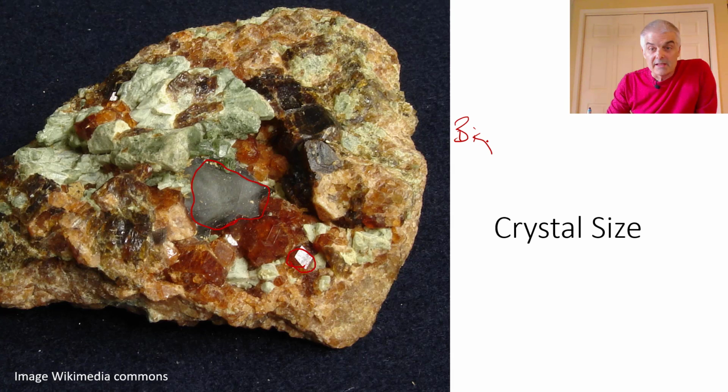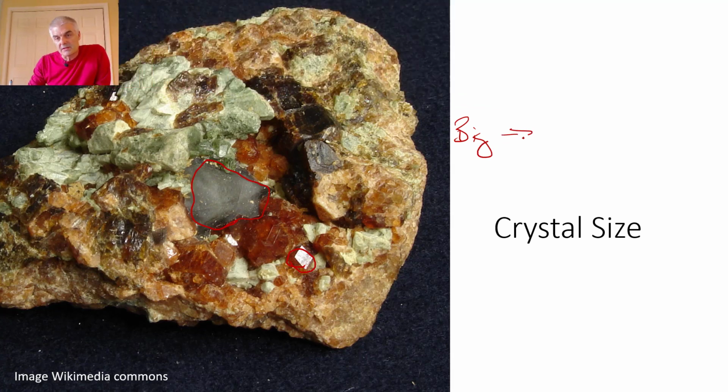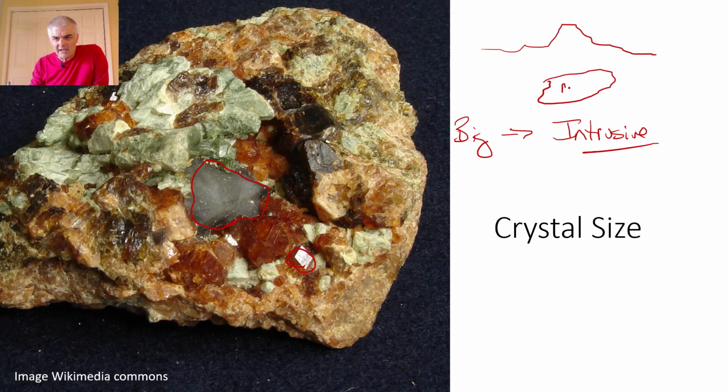Now, here's the deal. If you have big crystals, it's going to be intrusive. Why? Because it's going to cool down slower. And if it comes to the surface of the earth, because the earth's surface is much, much colder than under the earth, it's going to have no crystals. Now, you might say, why is that? So let's say we've got the land, maybe a little mountain here, and under the earth we've got a big chamber of magma, right?